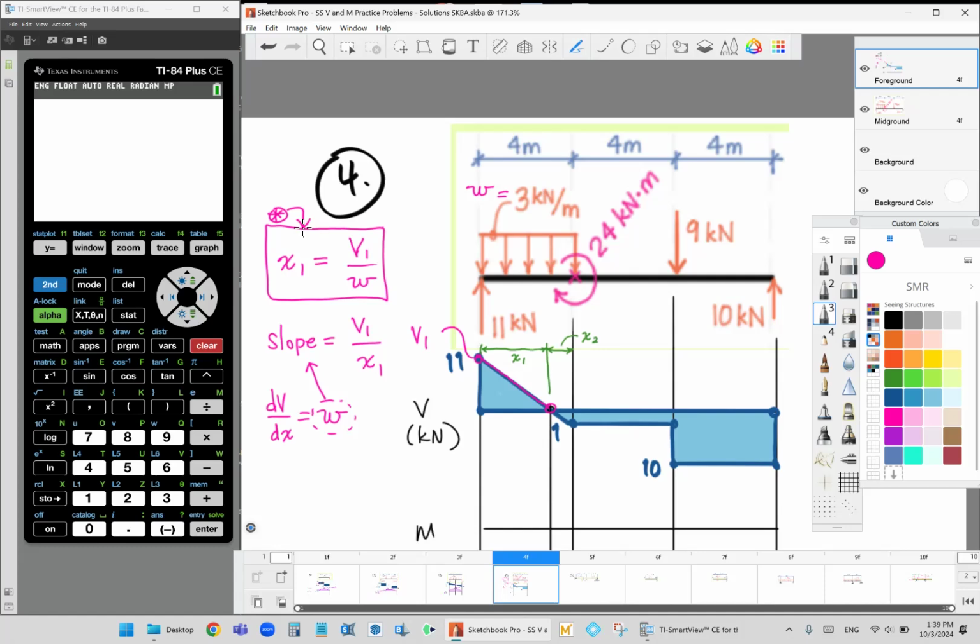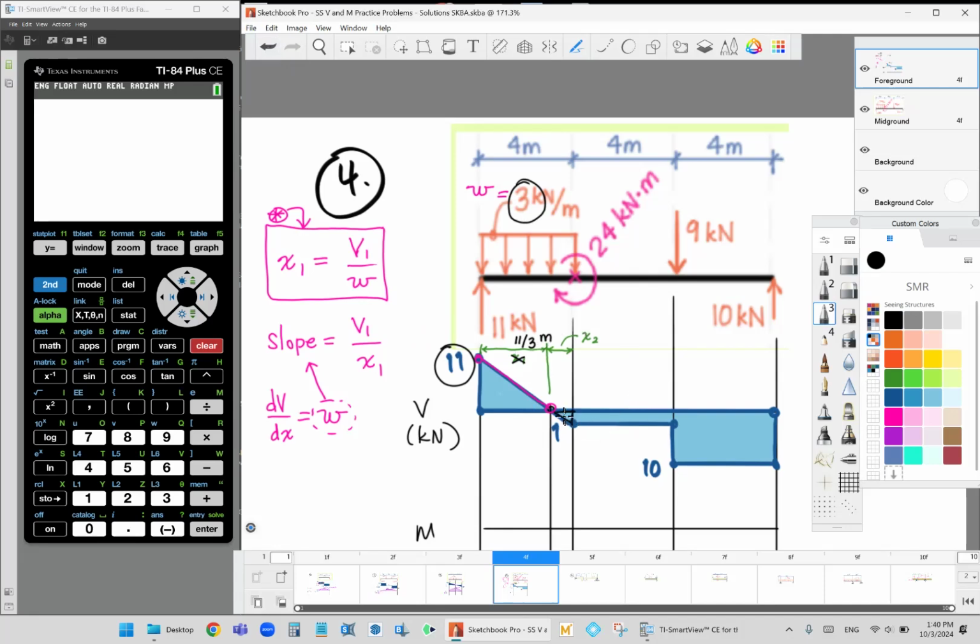As we apply that to our problem, here's how this simplifies. All I need to do to figure out my X1 is say 11 divided by 3. So X1 is 11 over 3 meters. We can do the same thing for X2.